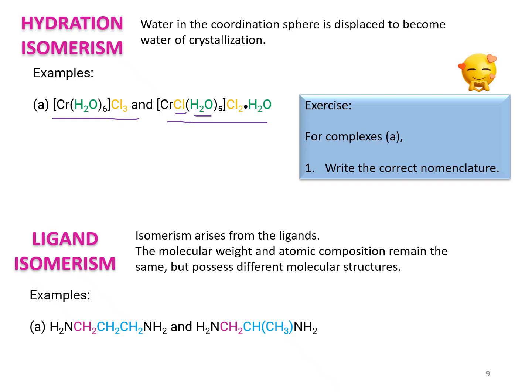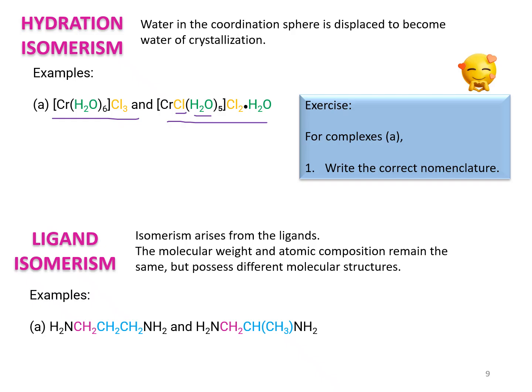So the relocation of this ligand, as long as it doesn't change the ligand composition or the atomic composition, is called isomer. And hydration isomer is the presence of water within the coordination sphere and outside the coordination sphere.